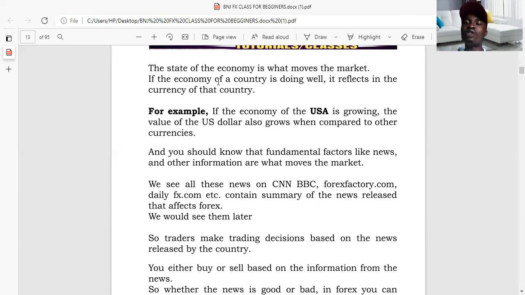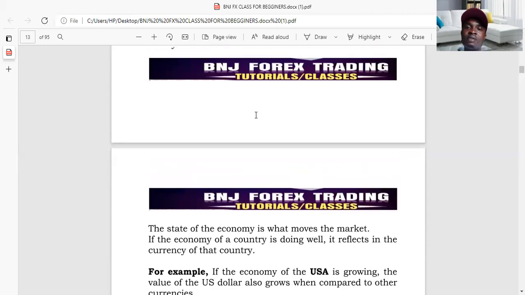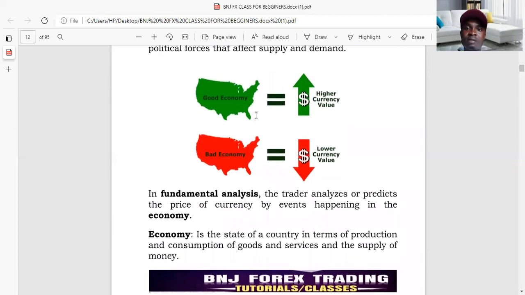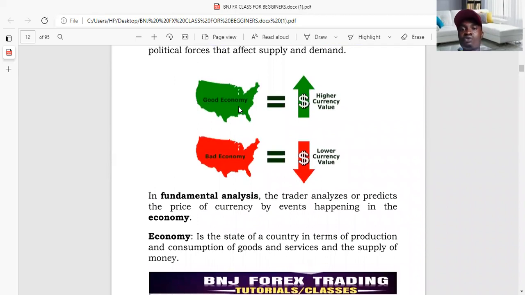The nature, the situation, if the economy is good, it means that you will know how to predict the market. If the economy is bad, you should also know how to predict the market. Let me go back a little bit. You see, when the economy is good, the currency of that country moves high. And when the economy is bad, the currency of that country goes down.